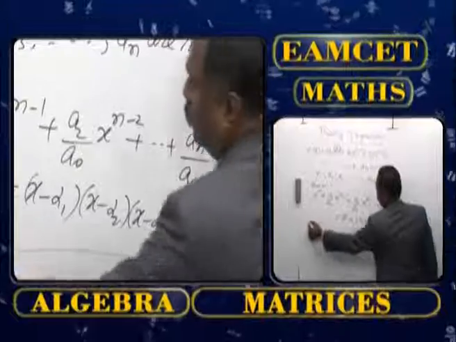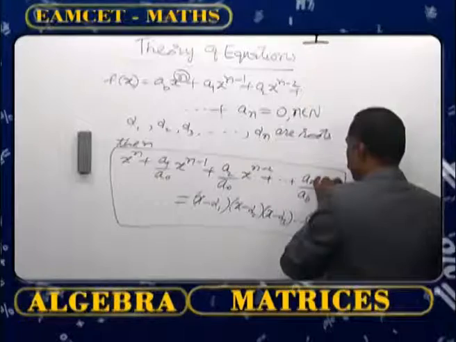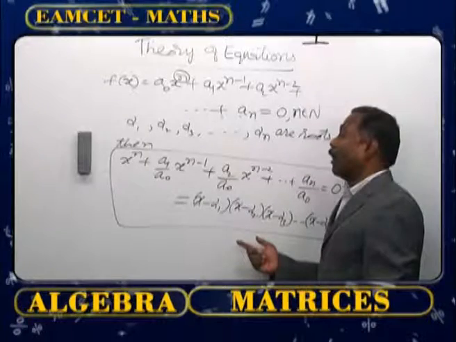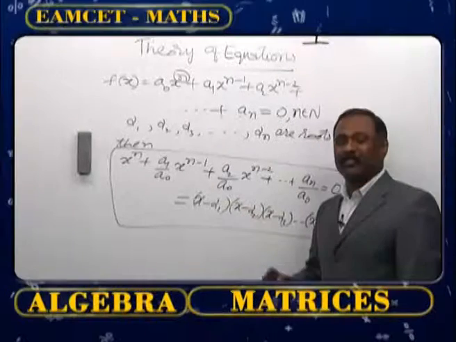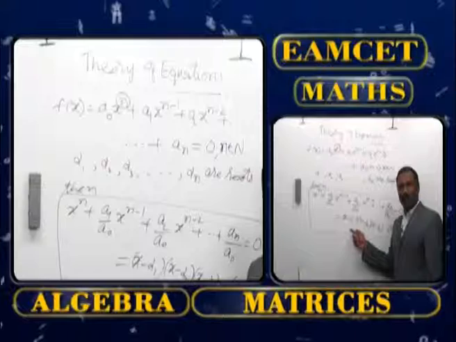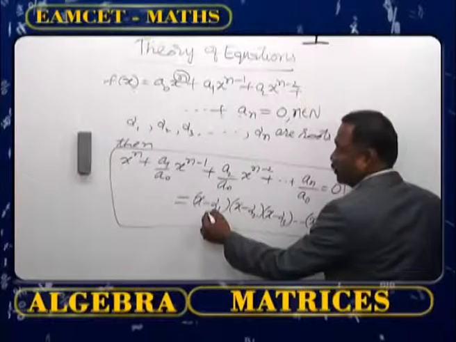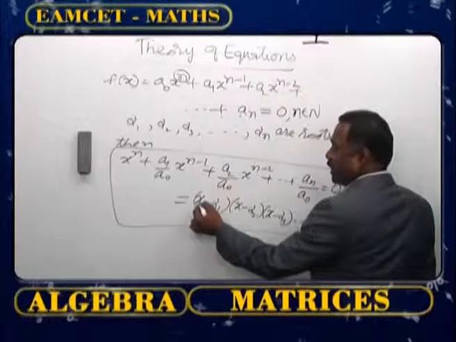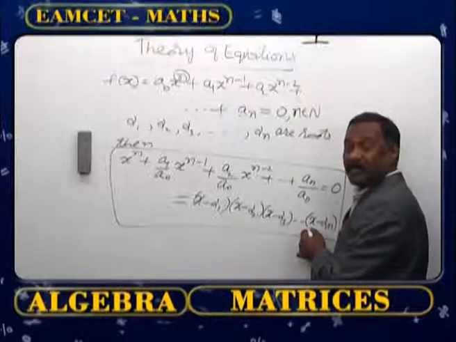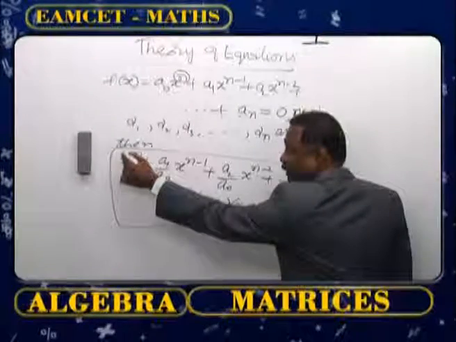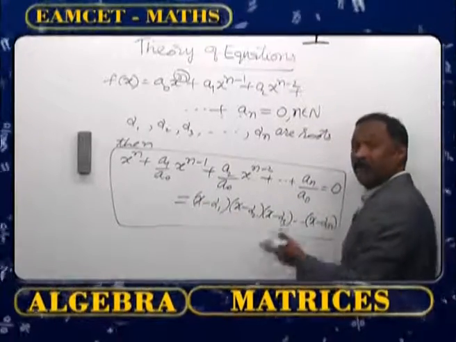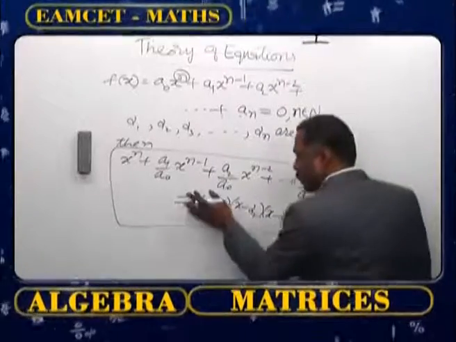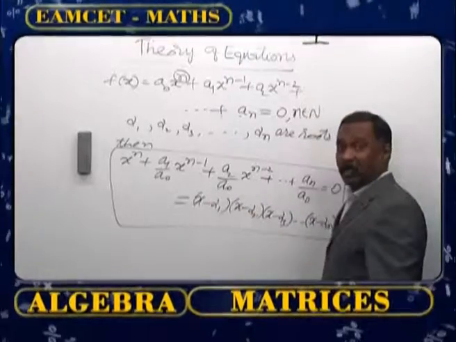This is how you can understand the relation between the roots and the coefficients. If you multiply x into x into x, n times, that will give you x power n. And if you leave one and multiply the rest, it will give you x power n minus 1, and similarly for the others.